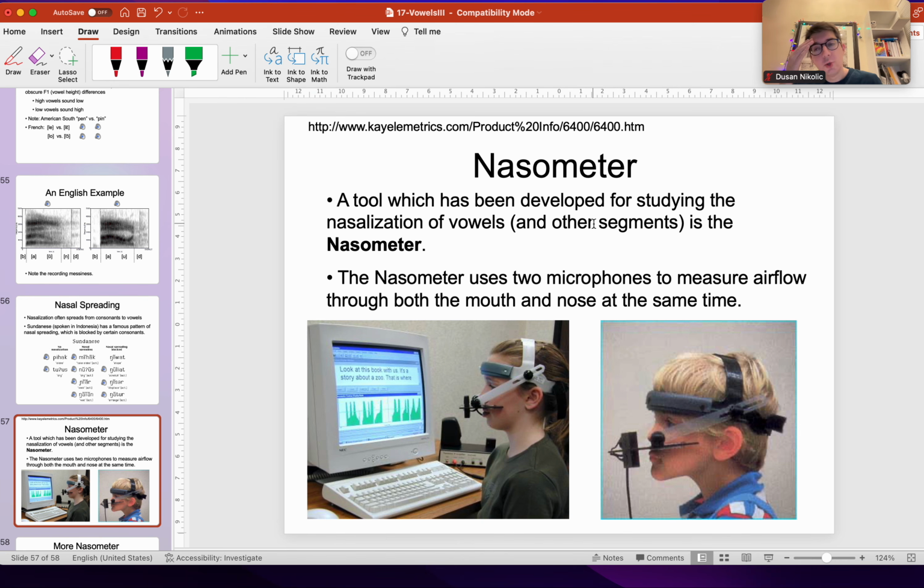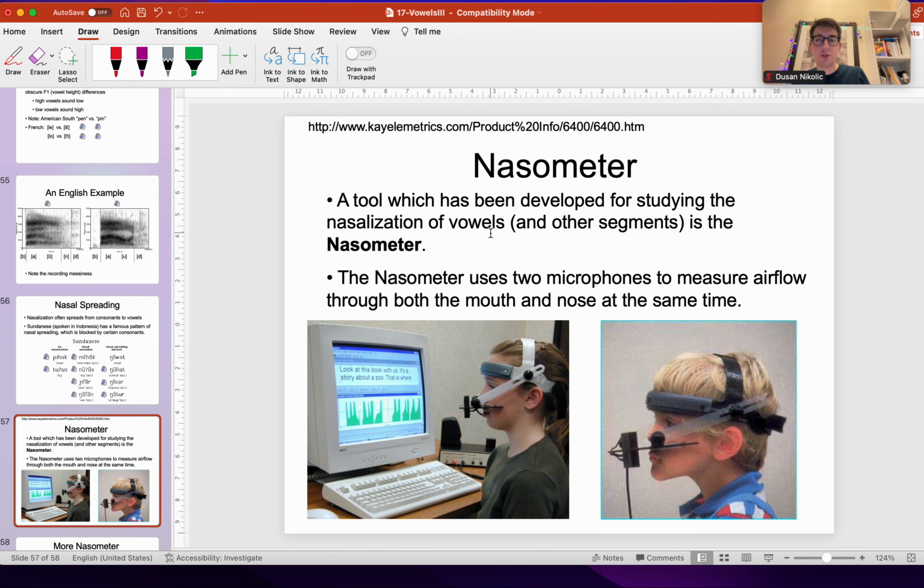But there is a tool that we call the nasometer, which has been developed for studying the nasalization of vowels and for being applied with children with cleft palate, for example, after their surgery. Because of the cleft palate, they cannot help it. They have to speak through their nose.